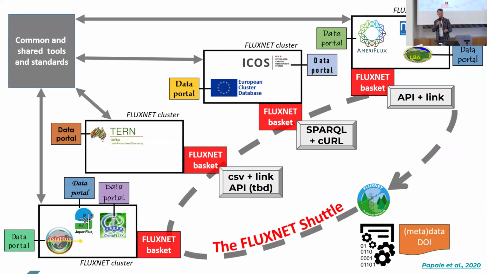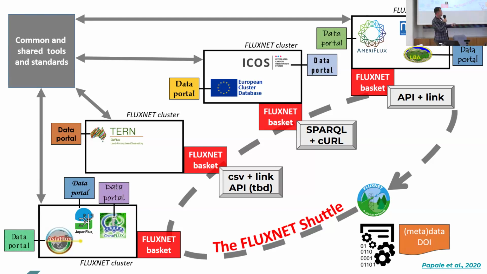You can see the FluxNet shuttle following this line, and you can see the different clusters that are producing the eddy covariance datasets, and they keep their own portals where you can see the colors and the fonts are different, because this means that they are using different standards, but then they all put data in the FluxNet basket, and they have to be in the FluxNet standard.